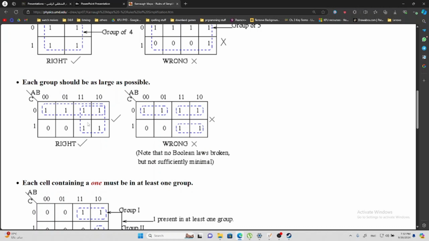That means you have 2 terms, each with 1 variable. So a very important rule to follow is that you must always have the largest groups possible. Each group should be as large as possible. So it means that you need to minimize the number of groups in the table.